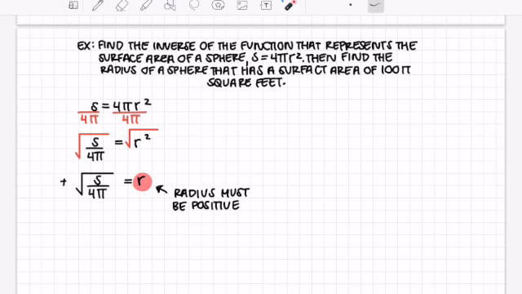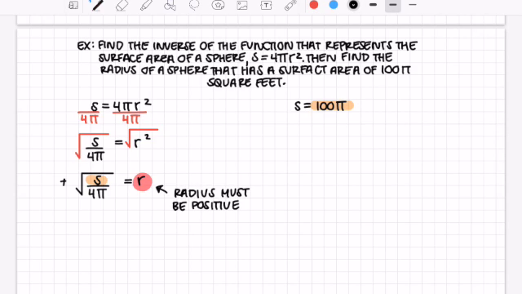Then it says here that we want to find out the radius of a sphere with the surface area of 100 pi square feet. So if my surface area is 100 pi, then I can substitute that surface area into my S value and then find out what my r value is.